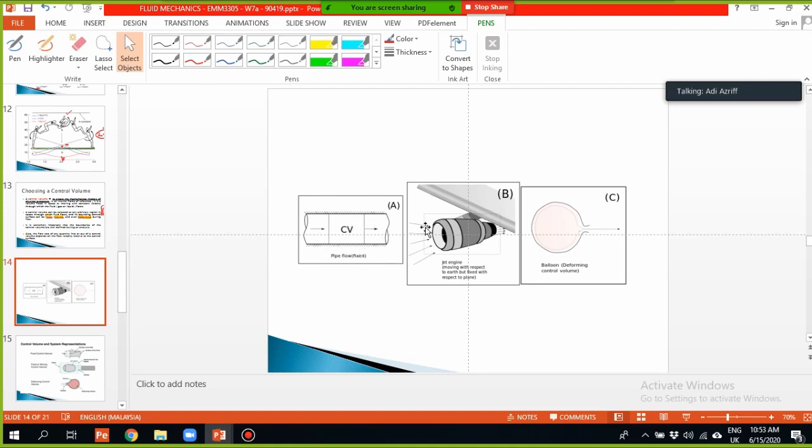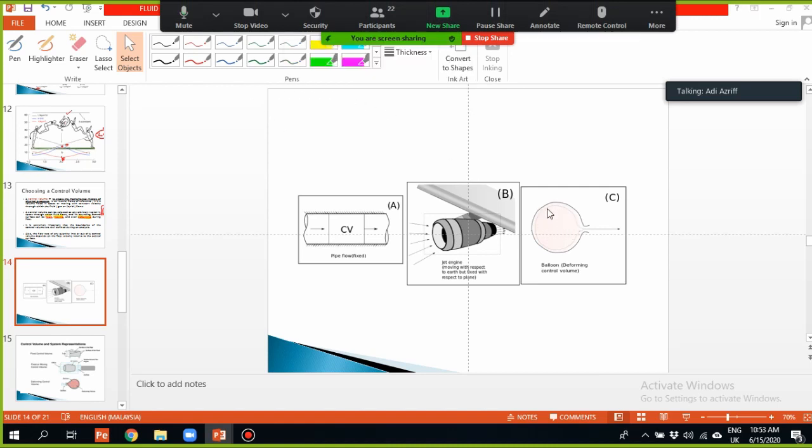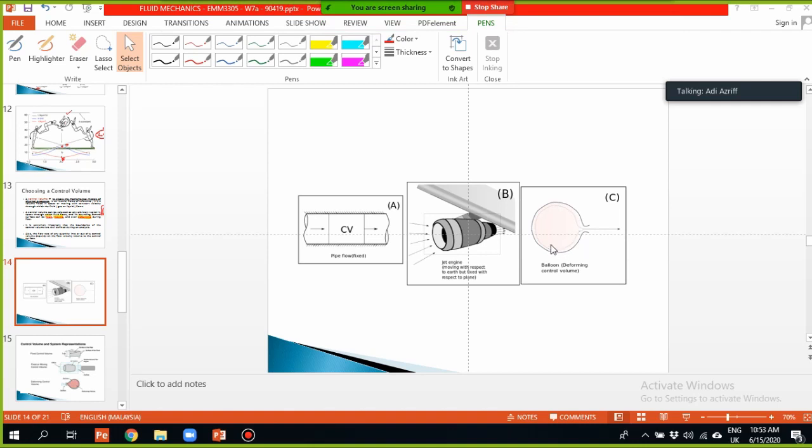Then we have an engine, which is a moving control volume, and this one is a deforming control volume, something like a balloon. It means that the volume of air inside is changing based on the deforming of the balloon.